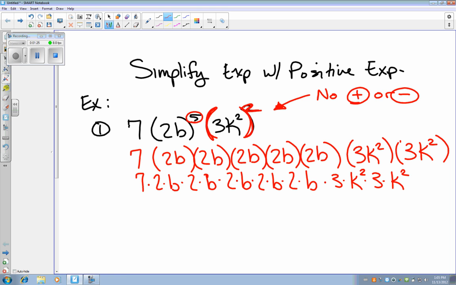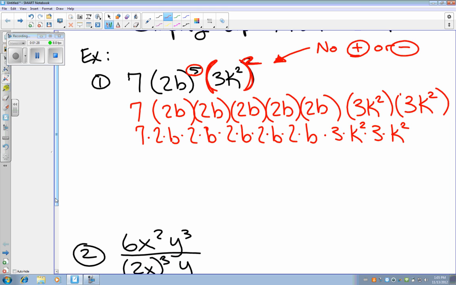And so now it's like, if I had this in my hands as a deck of cards, I see I have 2 to the 1, 2, 3, 4, 5. See how I could have just taken that 2 to the 5th? I also have b to the 1, 2, 3, 4, 5. Could have just taken that shortcut, 2 to the 5th, b to the 5th.